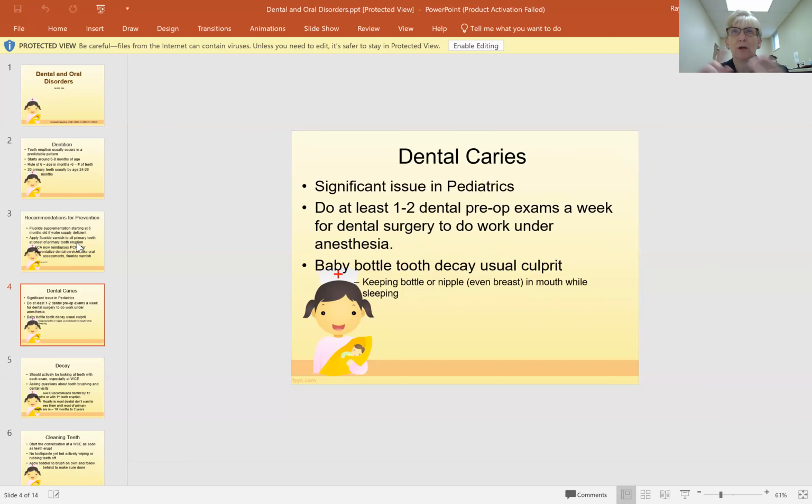It seems anymore they want to put them to sleep so they don't remember that they've had anything done. And they have to do that in an OR type situation in case there are complications.